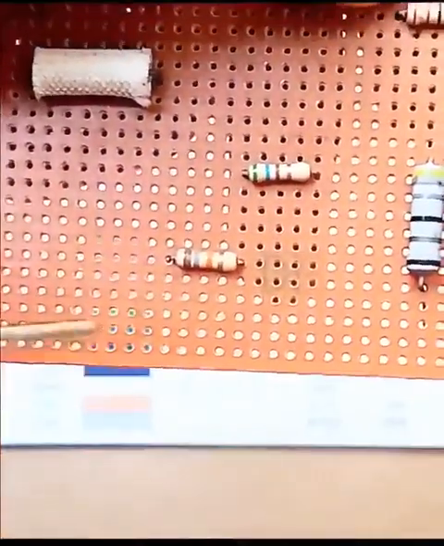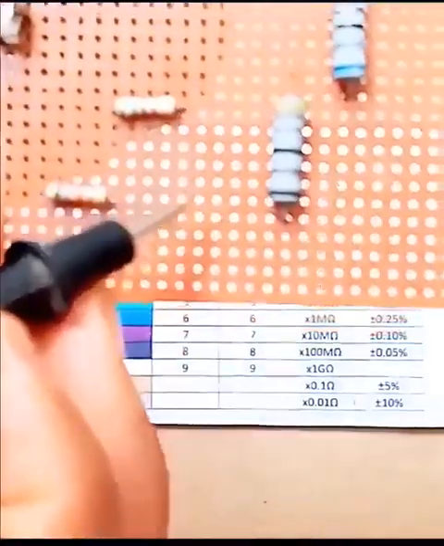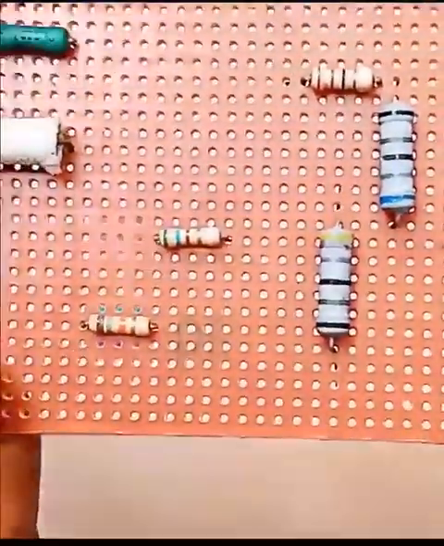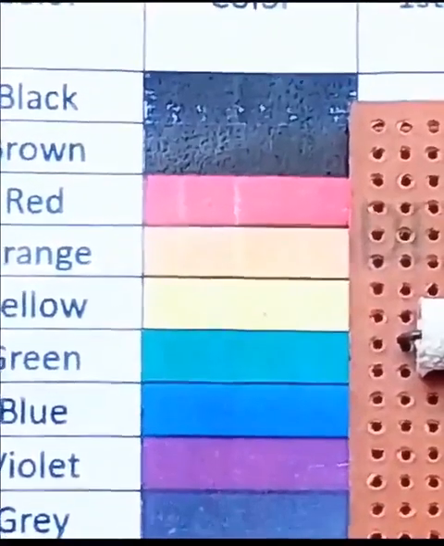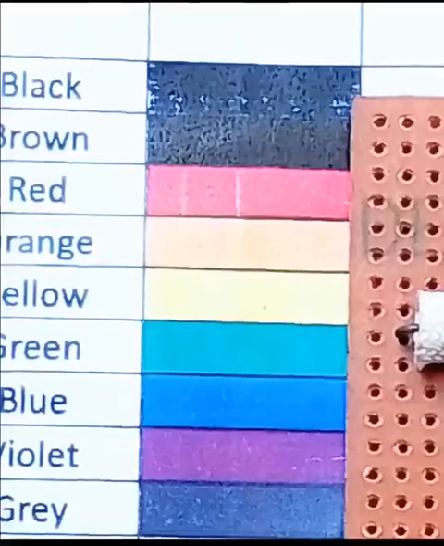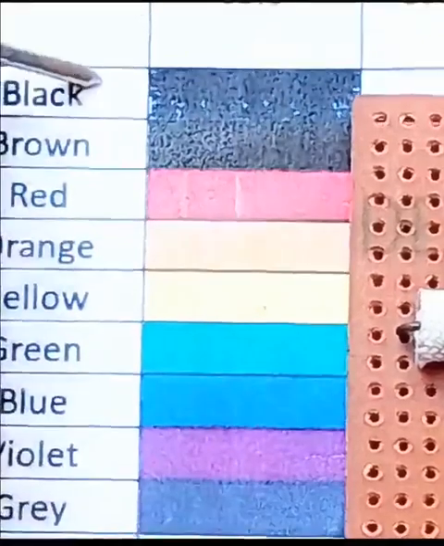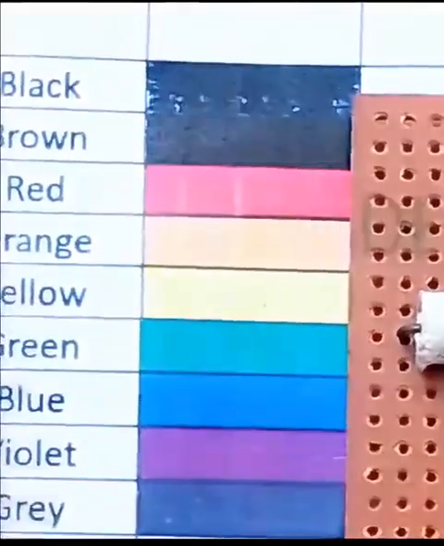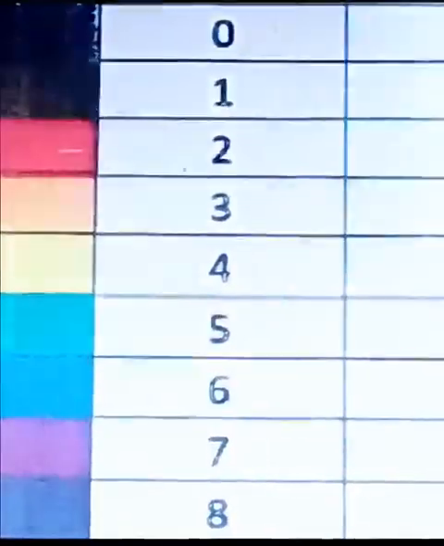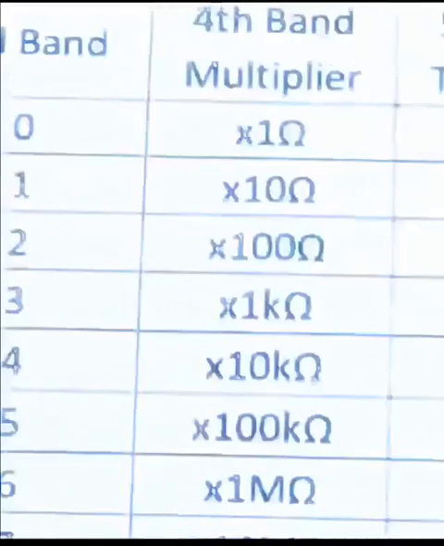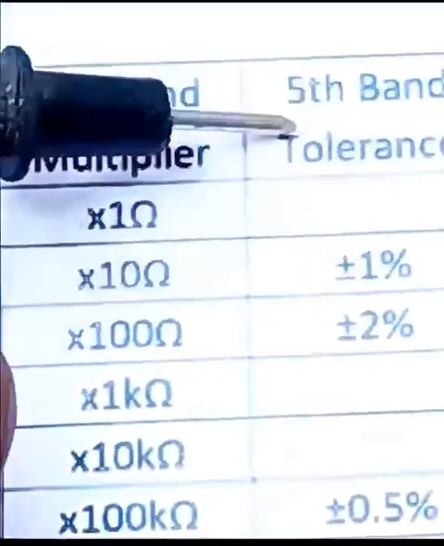But the most important thing you should check for is the tolerance band. The tolerance band is of 2 colors, gold or silver. So you don't start your reading from the tolerance band; you start your reading from either of these bands marked on the resistor. In some cases, like the 5th band, you also don't start your reading from the multiplier band or the tolerance band.